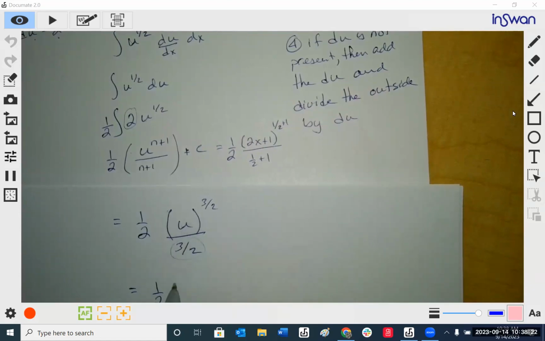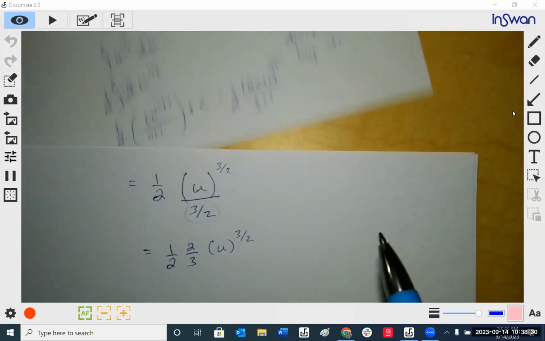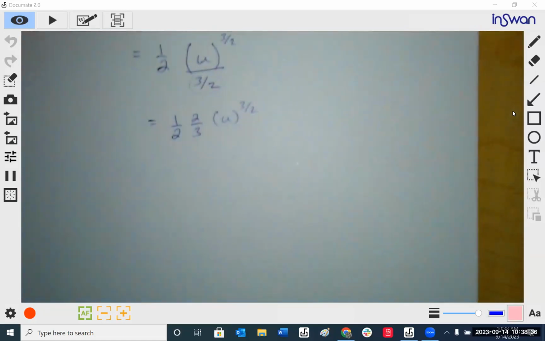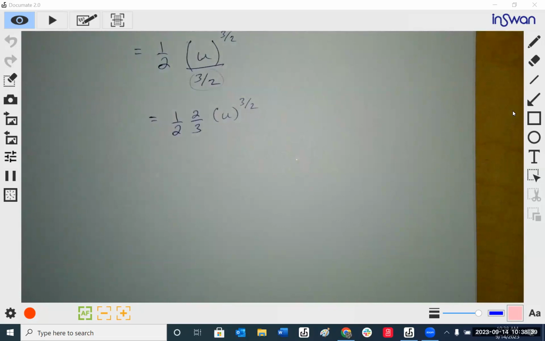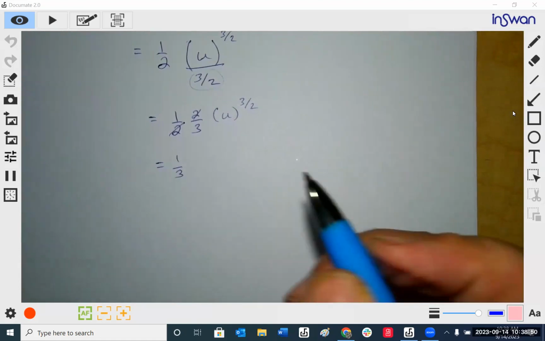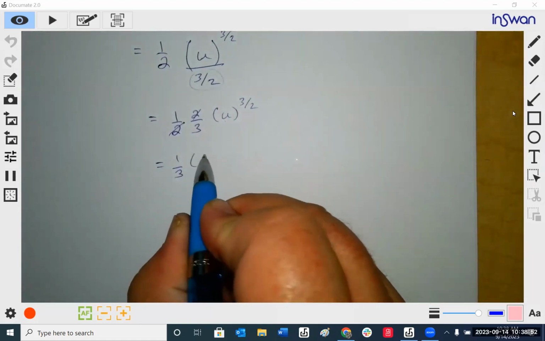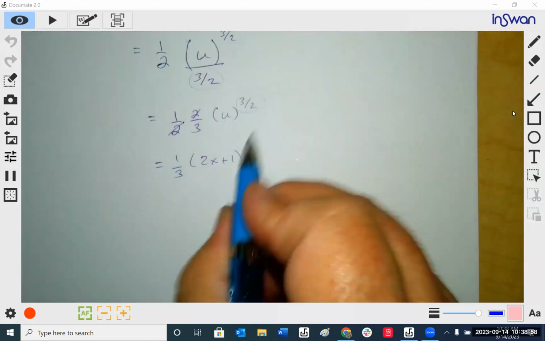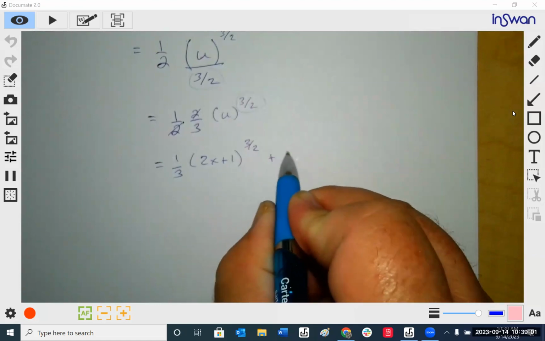Since this is a fraction, you bring it out in front as a reciprocal. The 2's cancel. u is 2x plus 1 to the power 3/2 plus our constant.